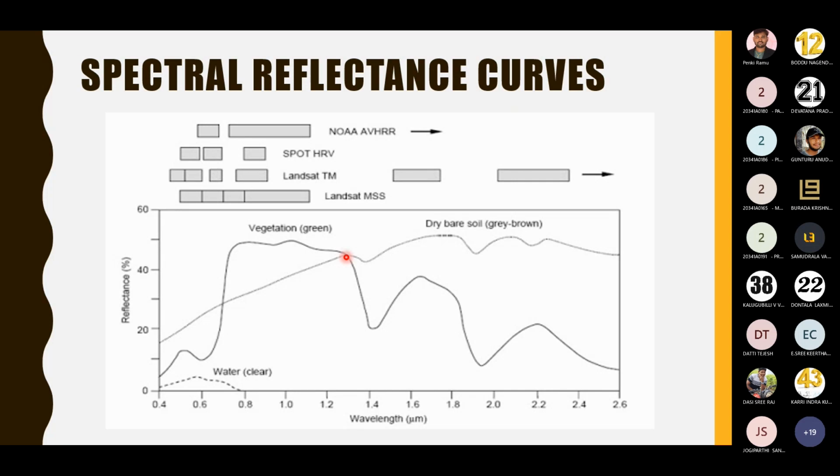But if you capture a signal at 0.8 micrometer or 1 micrometer wavelength, dry soil has close to 38% reflectance, whereas vegetation has close to 45% reflectance. If you quantify the reflectance at 1 micrometer wavelength, then looking at the variation in this reflectance, you will be able to distinguish between vegetation and soil.